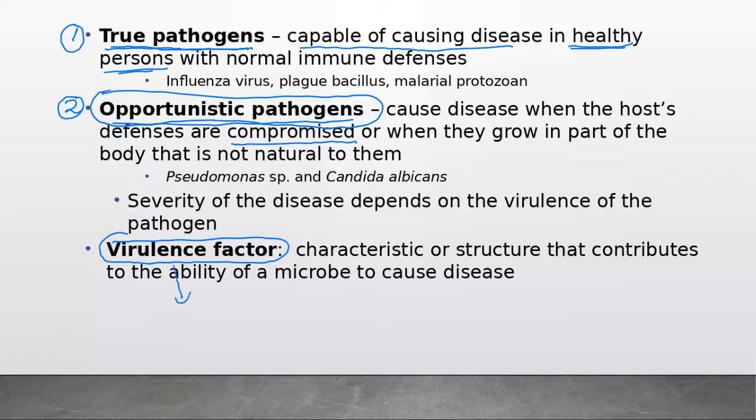Mostly these virulent factors are enzymes and toxins. Okay, there may be some other types, but mostly enzymes and toxins. These are the virulent factors produced by the microorganism.